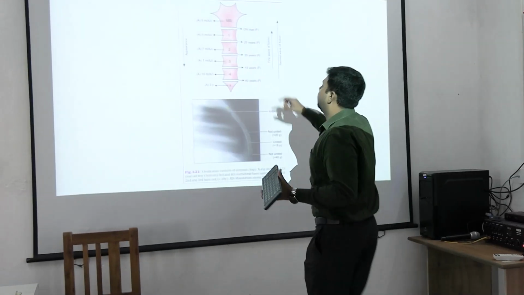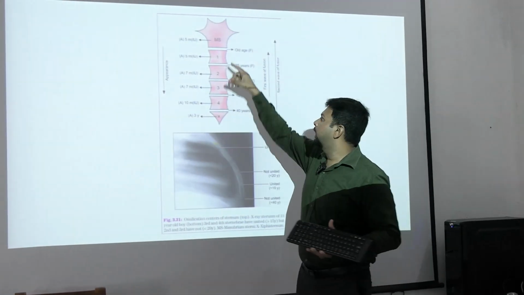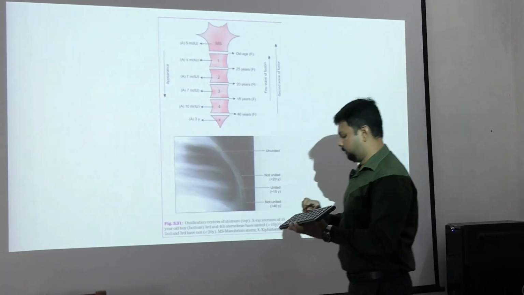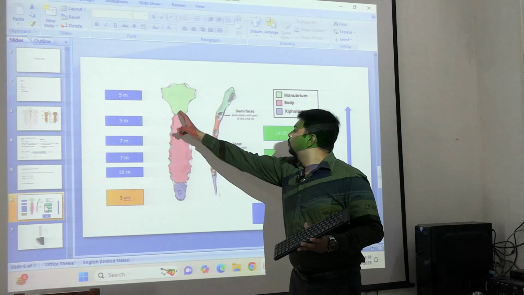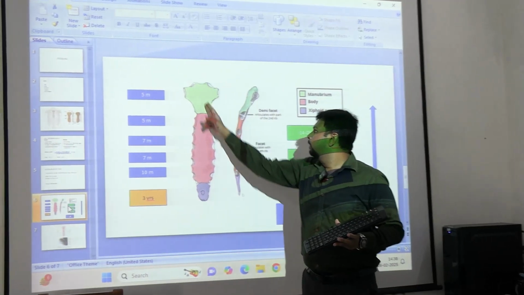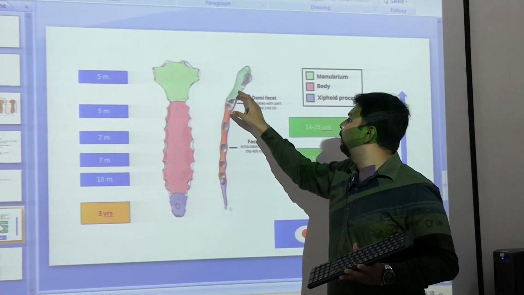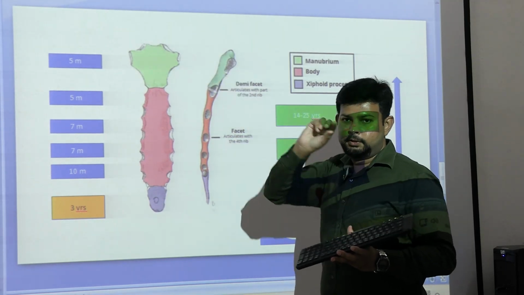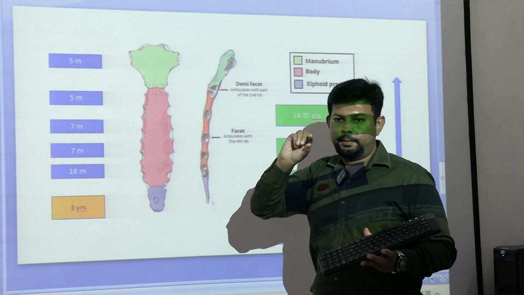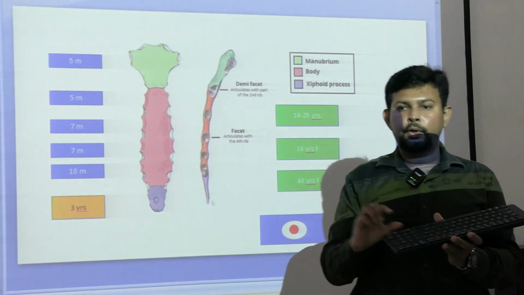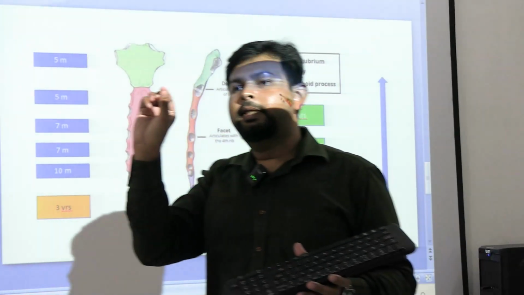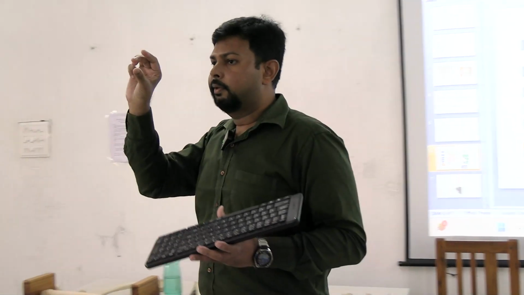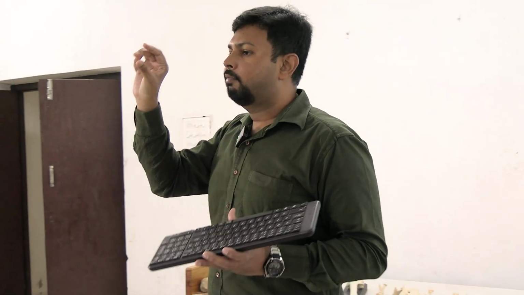So like that target-like sign, if we cut it from the midline, we will find it at the edge. In the lateral view, we can find those circular things. If it is present in the manubrium, then the age is more than 5 months.